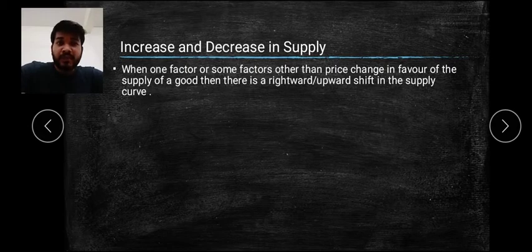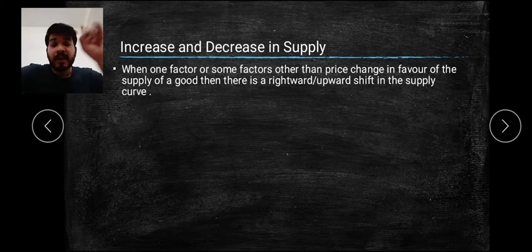So let us study. When one factor or some factors other than price change in favor of the supply of a good, there is a rightward or upward shift in the supply curve.